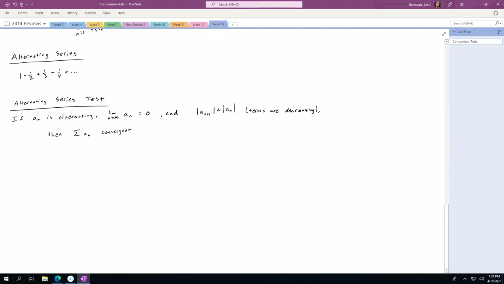But we can actually say more than this. If our sum is convergent, and the absolute value of our sum is convergent, we say that the sum of a sub n converges absolutely.